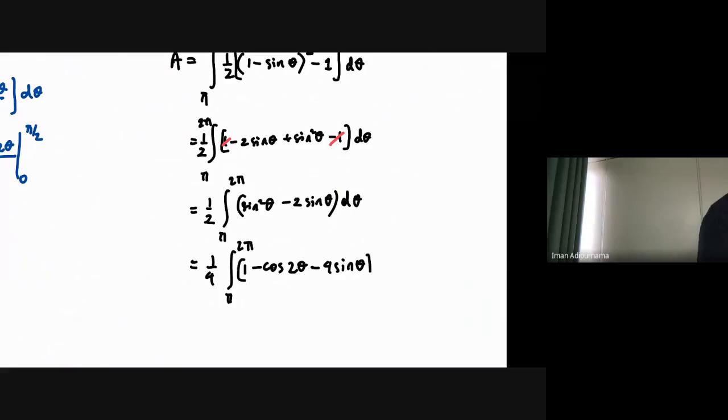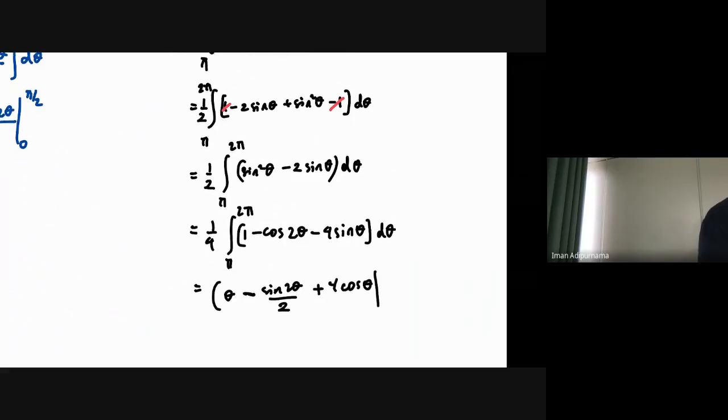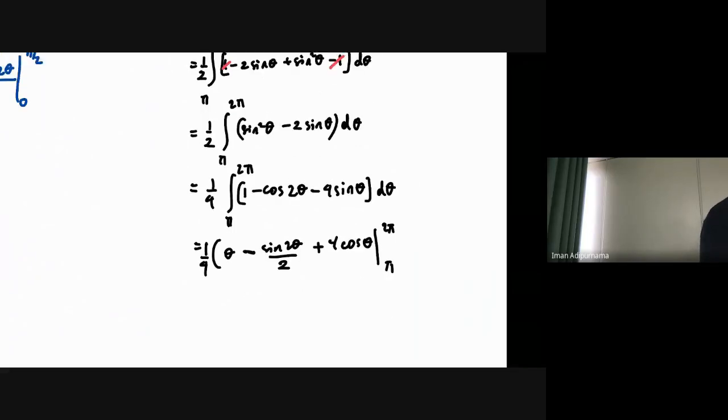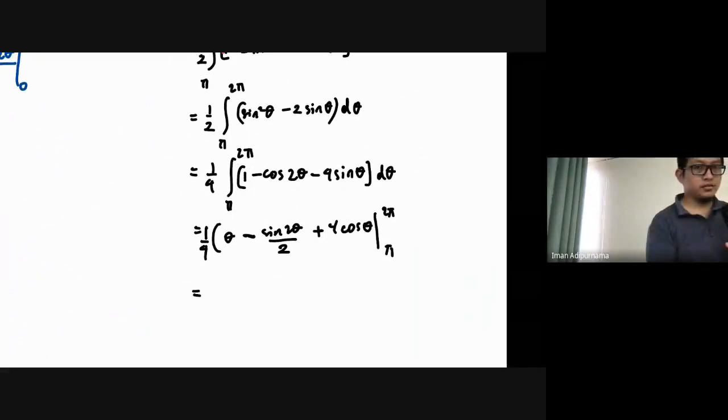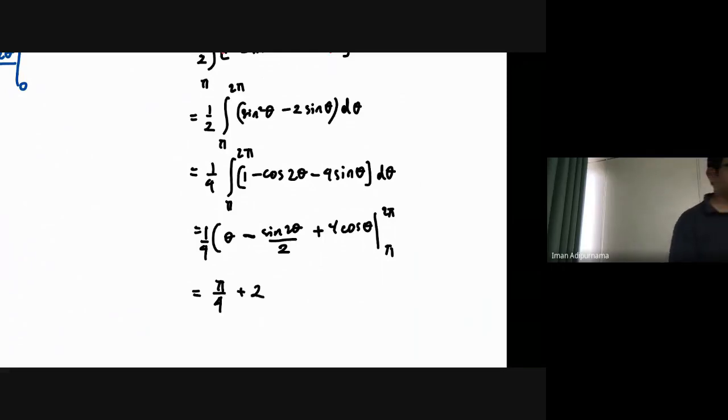And then we can integrate this. It will be theta minus 2 sine theta plus (1/4) sine 2 theta... from pi to 2 pi. And then you get that this is actually pi over 4 plus 2 when you plug in.